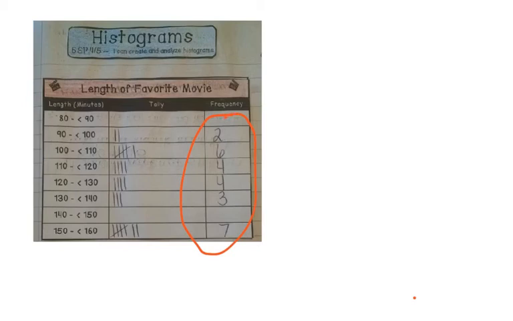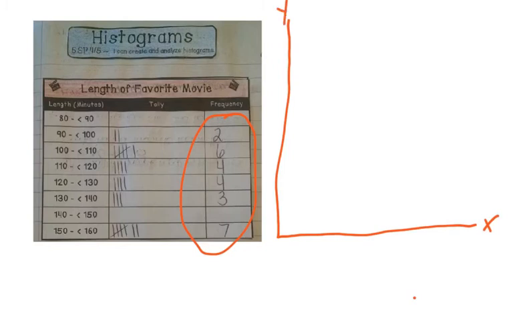Okay? So what I'm going to do is come down here. And again, this is my x-axis, and this would be my y-axis. And so this going up is going to be my frequency. And that is going to be the number of people that chose it.